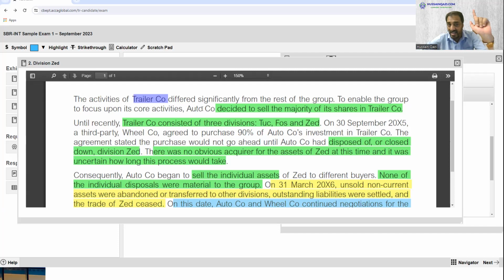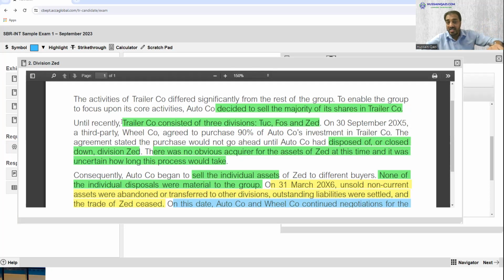Activities of Trailer differed significantly from the rest of the group. To enable the group to focus upon its core activities, Auto company parent decided to sell the majority of shares in Trailer. Okay, that is about the disposal of subsidiary Trailer.